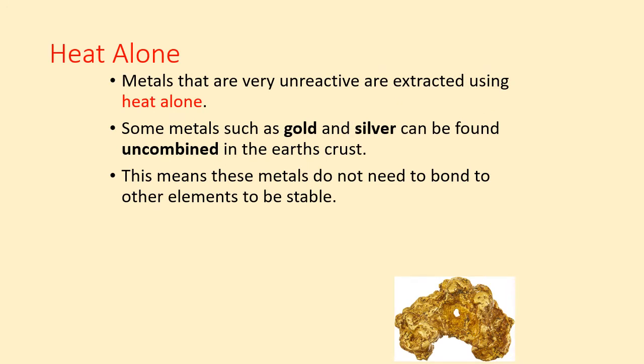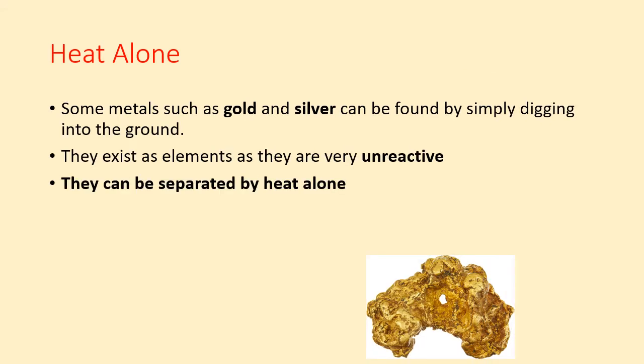So in the first part, we are going to be looking at how we can use heat alone. And as I said, heat alone is used for metals that are not very reactive. And the most common examples of metals that we can just use heat alone with are gold and silver. They are found uncombined in the Earth's crust, so they are not found as compounds, they are found as elements.